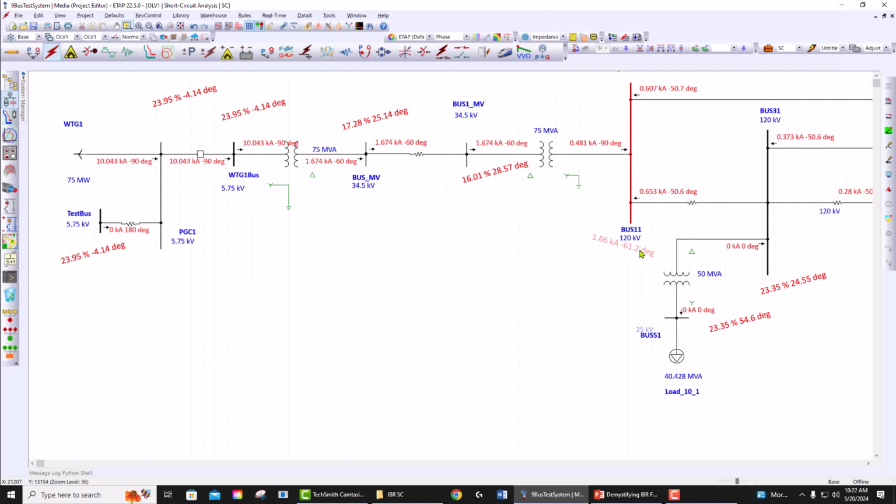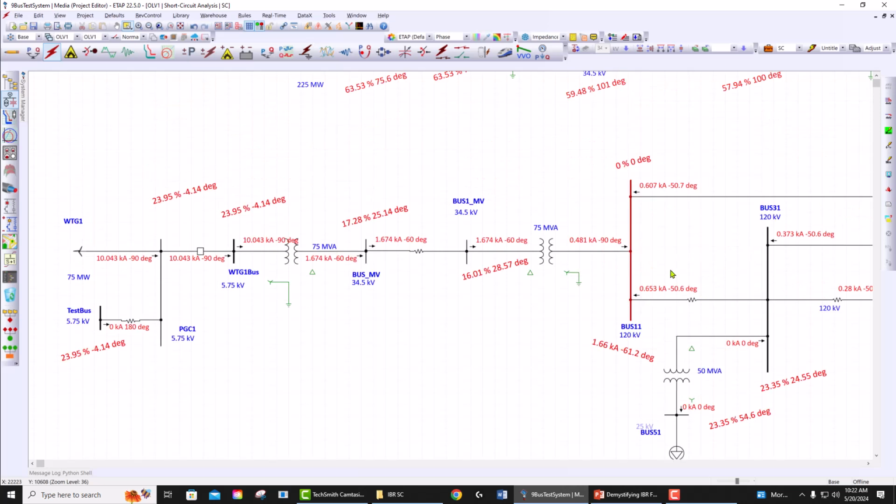Now, at the fault location, what you see here is that you get minus 90 degrees from here and minus 50 degrees from this side. Now, it all depends at what time the IBR freezes its PLL and what they do. Some IBRs may not even freeze the PLL and continue rotating the angle, and you may have a higher frequency or lower frequency current injecting to this bus.